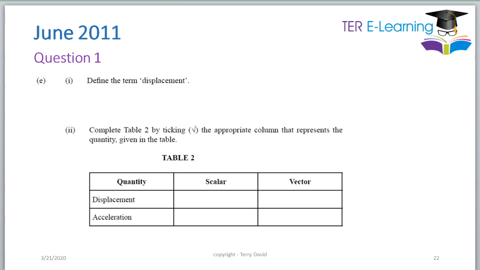Joshua is saying displacement is the rate of change of velocity per unit time. No, that's not what displacement is. Tyrese is saying distance moving in a stated direction from equilibrium.